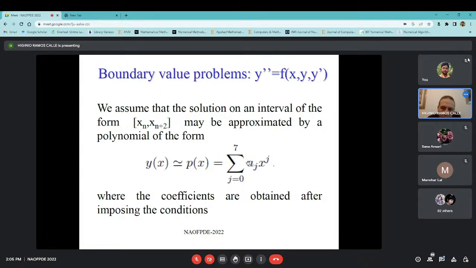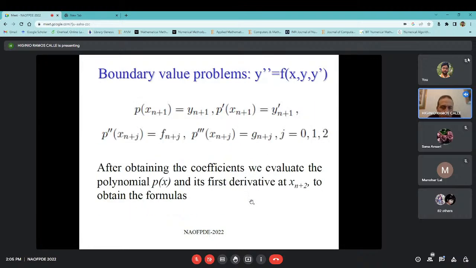We have 8 unknown coefficients. We impose conditions on the polynomial at the different points: the polynomial, the derivative, the second derivative. We obtain the coefficients expressed in terms of those values.